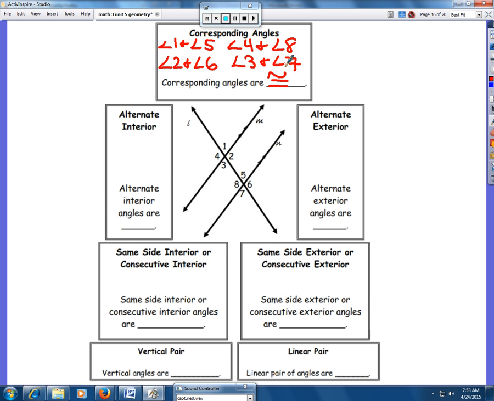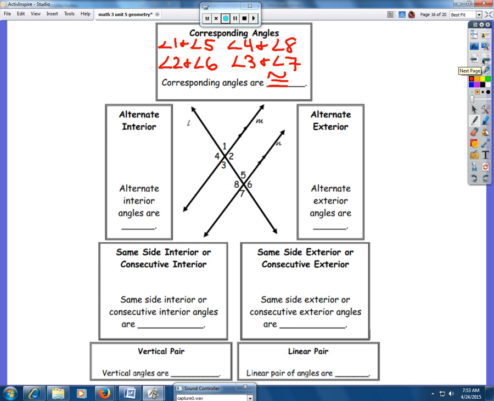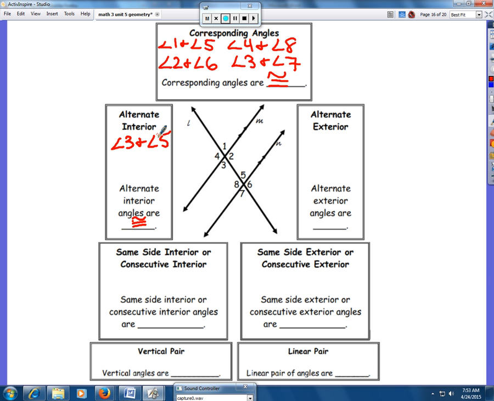Alternate interior are congruent. So those are also congruent. Remember, they're between the parallel lines, and they are on alternate sides of the transversal. So angle 3 and angle 5, and angle 2 and angle 8.